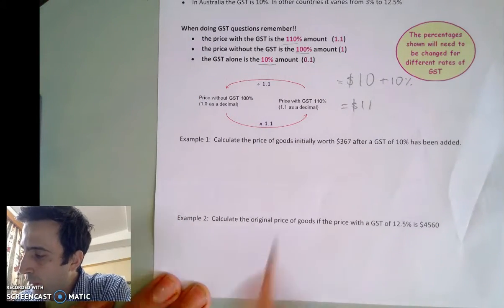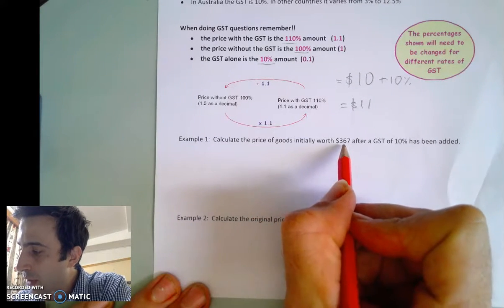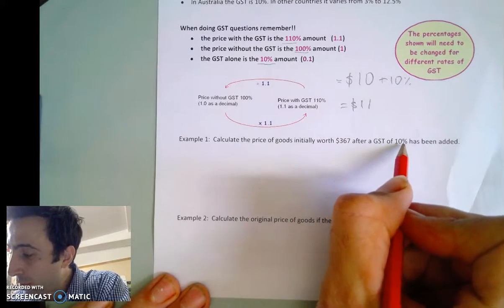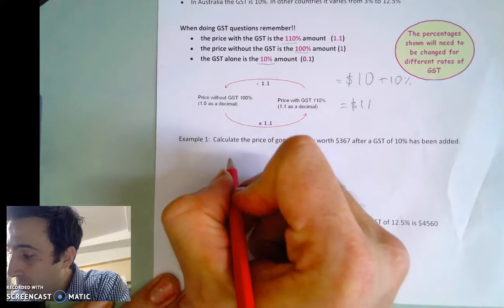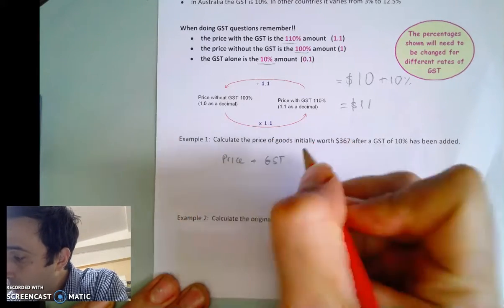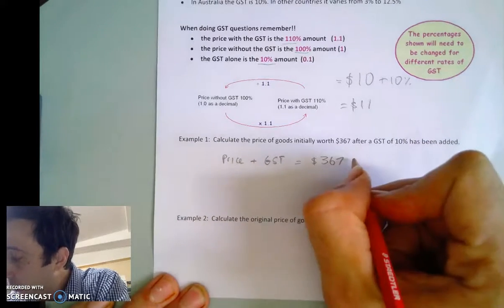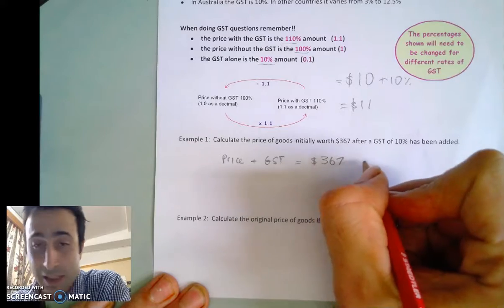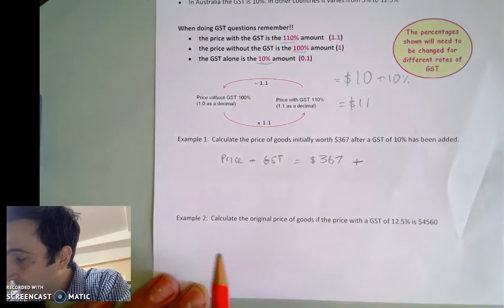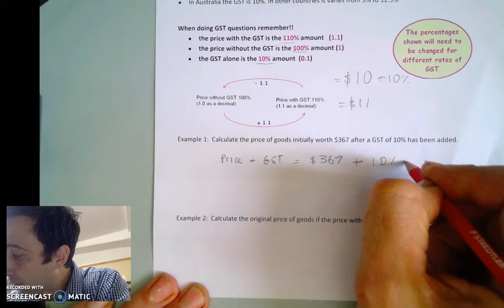If we calculate the price of goods initially worth $367 after a GST of 10% is added, what we have to do is the price plus GST equals $367 plus, now there's a different way we're going to do this, 10% of 367.